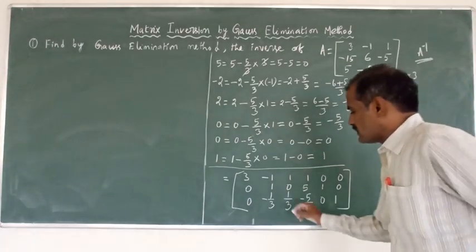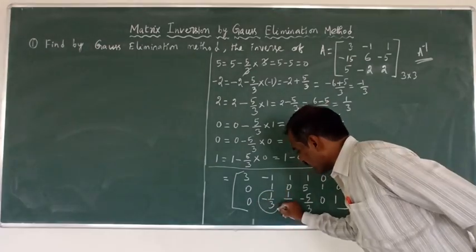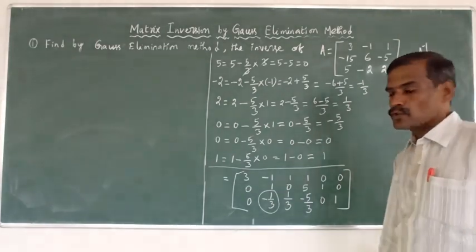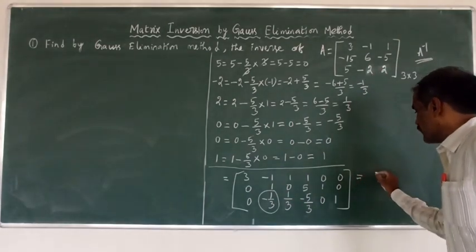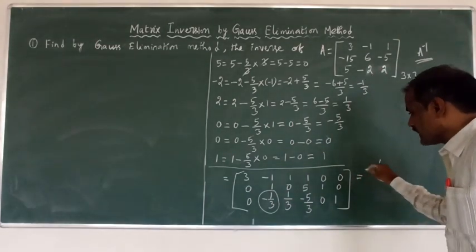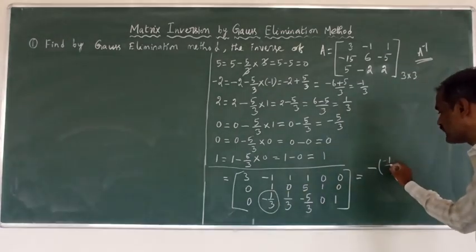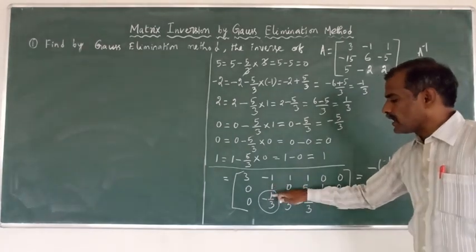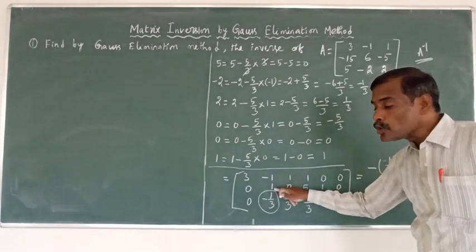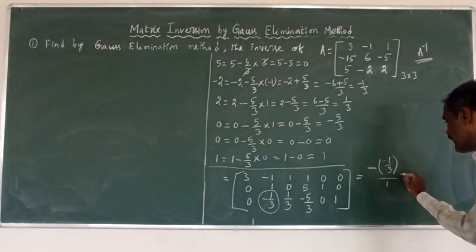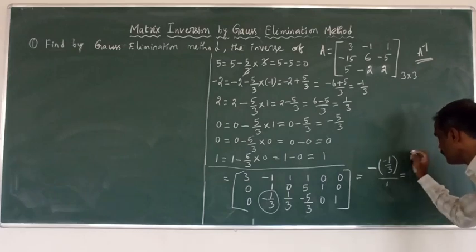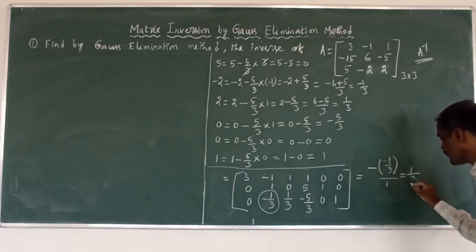Next, step number 2, to make A32 value 0. A32 value 0, for that minus, already minus 1 by 3 divided by the corresponding above row value 1 equals, this is for minus minus interchange into plus 1 by 3.